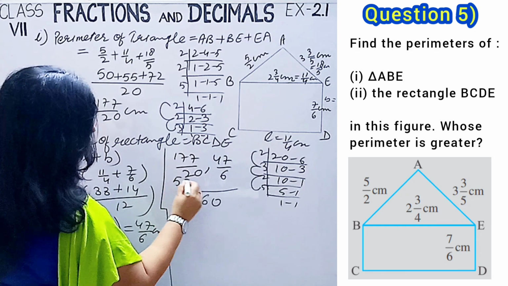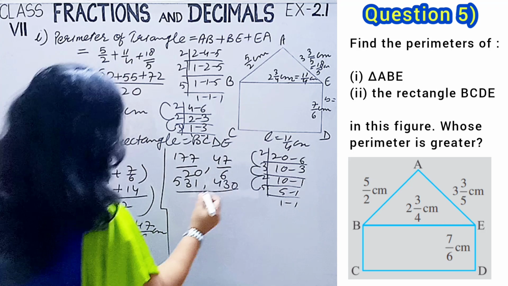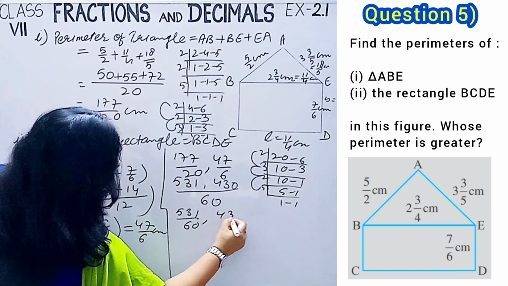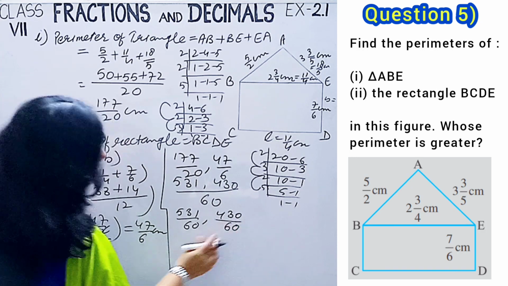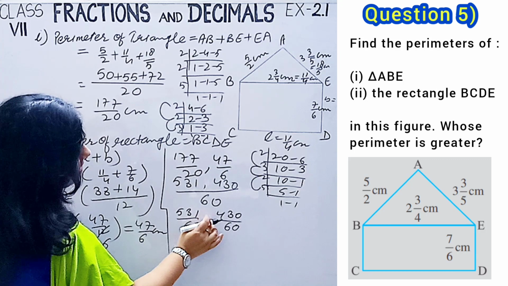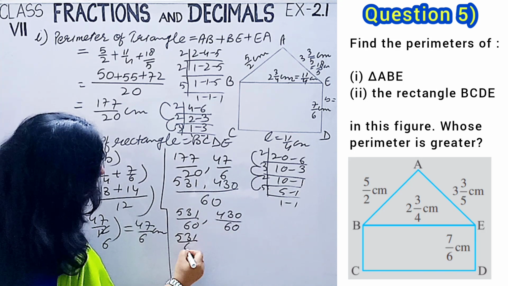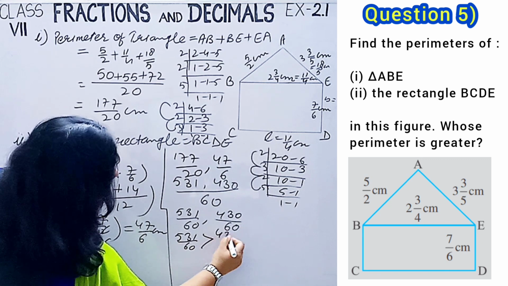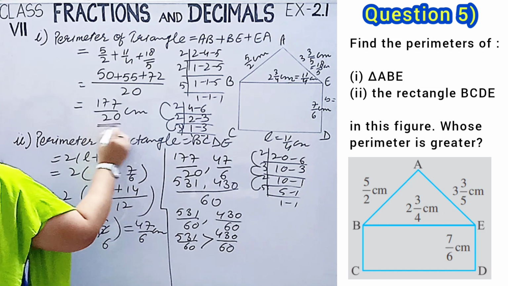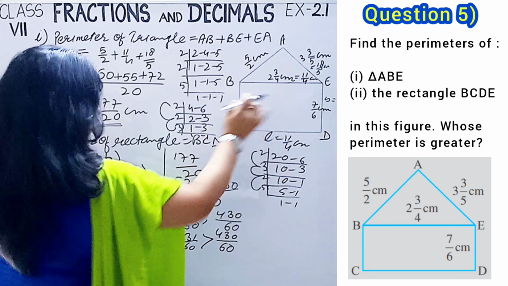We get 531. And for the second one we get 430. So here 531 upon 60 and 430 upon 60. Now we can see here 531 upon 60 is greater than 430 upon 60. It means the perimeter of this triangle is greater than the rectangle.